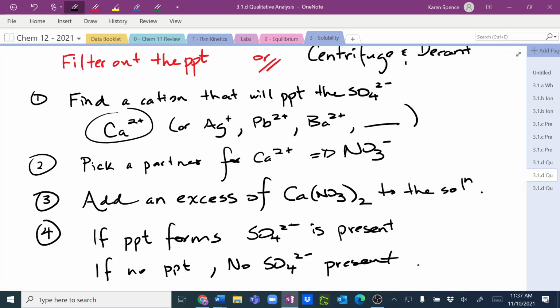So you don't have to write that step. If a precipitate forms such and such was present, because you know that it's present, you're just trying to get it out individually. So you're separating out the lead and then the calcium, okay? If you get confused by it, let me know, but I don't want to stand and talk about it because you've listened to me talk a lot.